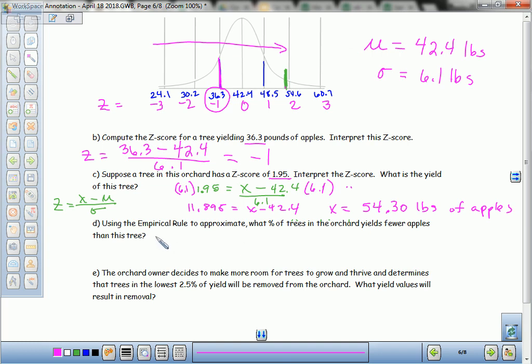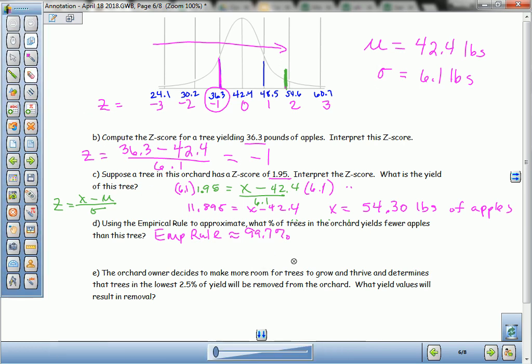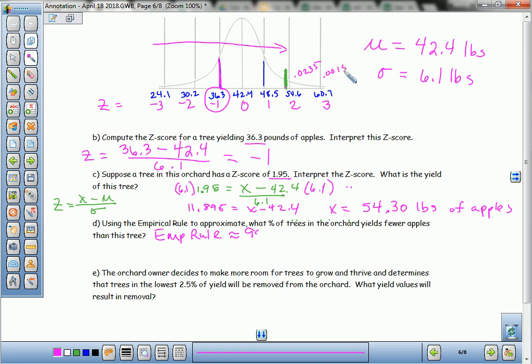So using the empirical rule, we would say this is about 99.7%. No, that is not true. I said that was 2.5% over here, right? So if I took this 0.235 and this 0.0015, that is 2.5%. So that would be 97.5%.